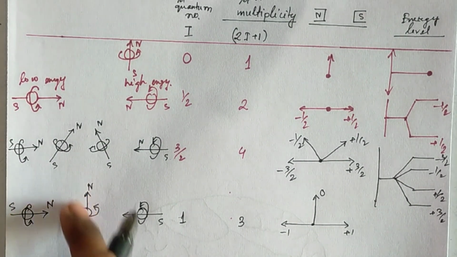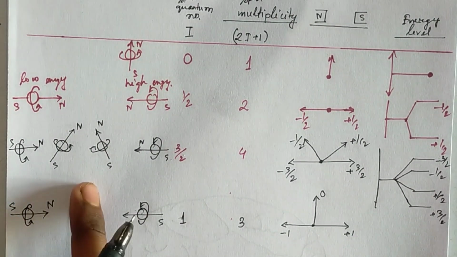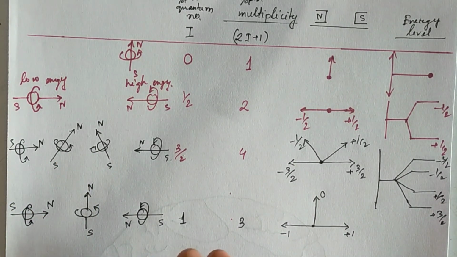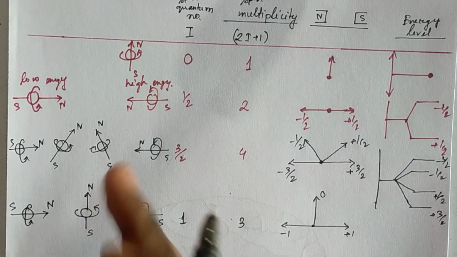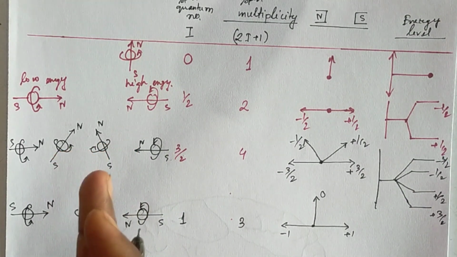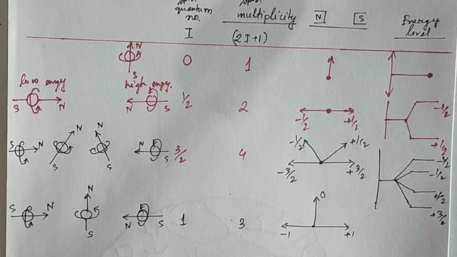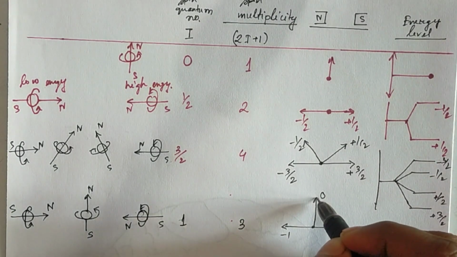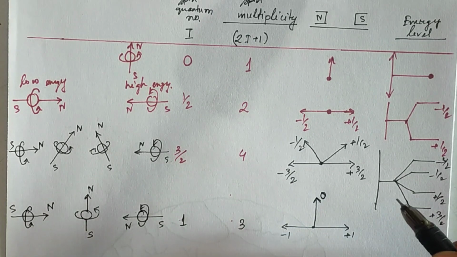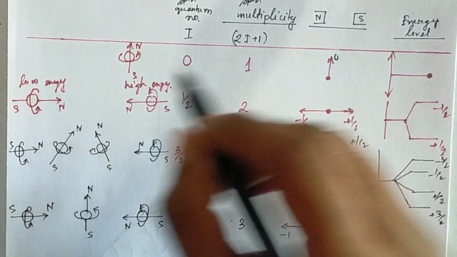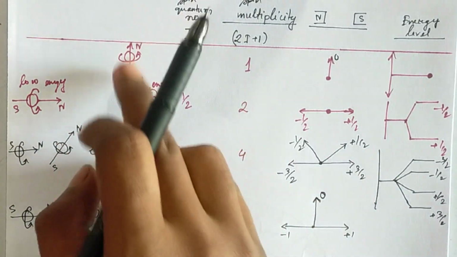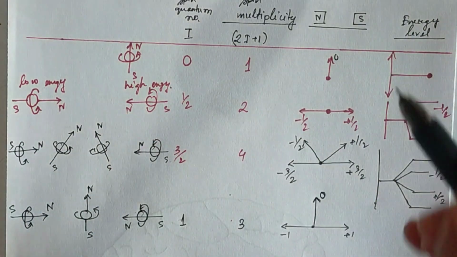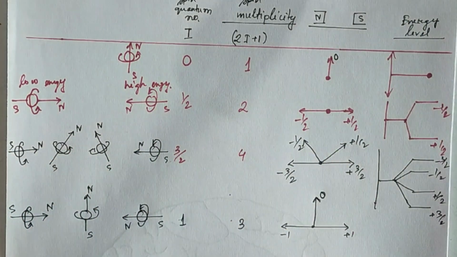In this orientation, the direction of the north pole and south pole will be perpendicular to the external magnetic field, so we can say that state is neutral, and we can represent it by 0. This is also the same, the direction of the north pole and south pole is perpendicular to the external magnetic field, so we can write 0 here.